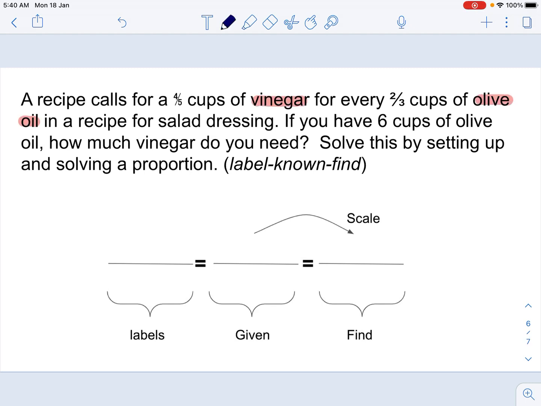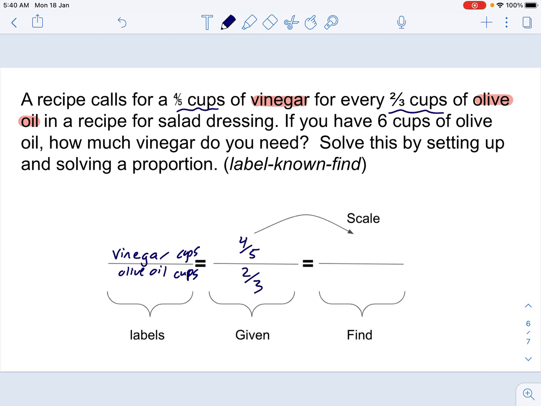It's not a unit rate, so it doesn't matter which goes where. I'll put vinegar on top because it comes up first in the problem, and I'll put the olive oil on the bottom. And I probably should also write the units. Cups, cups. They tell you that for every 4/5 cups of vinegar, so I'm going to put the 4/5 up here, you need 2/3 of a cup of olive oil.